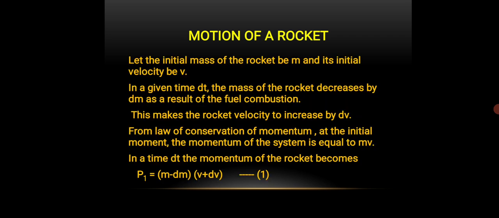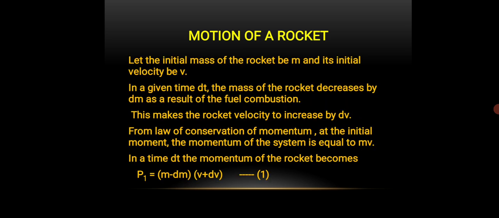Now consider the initial mass of the rocket to be m and the initial velocity is v. Now we know mv is the momentum. In a given time dt, the mass of the rocket decreases by dm, and therefore the velocity increases by dv, because p is m into v. So as m decreases, v should increase.